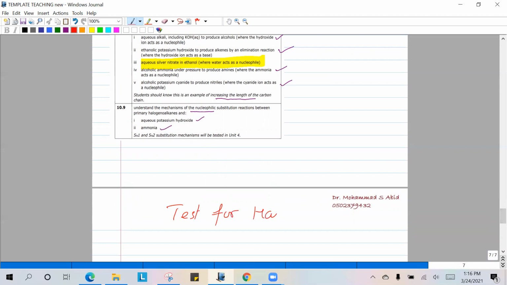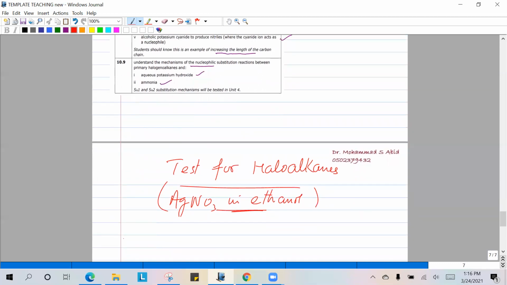When I explain the test for the haloalkanes, we take care of AgNO3 in ethanol, something important. It is similar to the reactions of the halide ions, but just one step extra, nothing else.